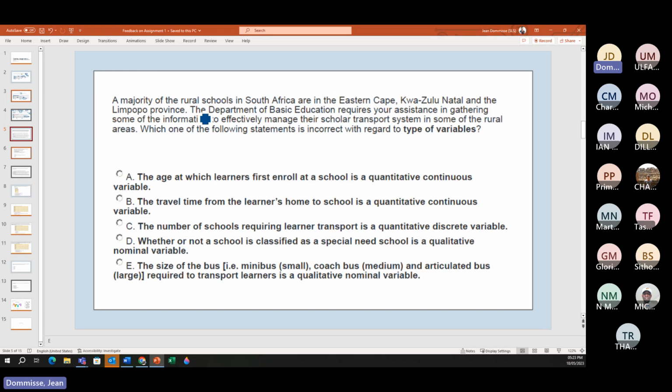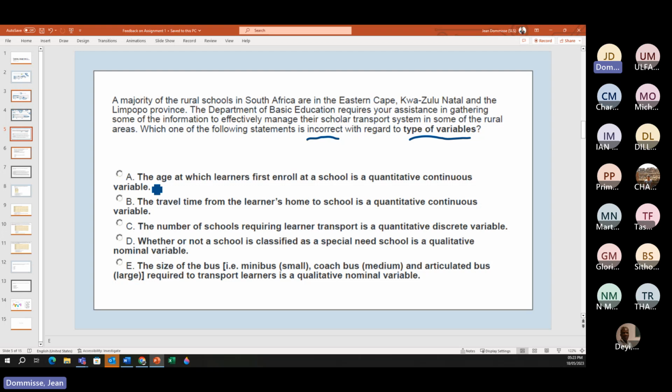A majority of rural schools in South Africa, in the Eastern Cape, KZN, and Limpopo, the Department of Basic Education requires your assistance in gathering some of the information. Which one of the following statements is incorrect with regard to type of variables?